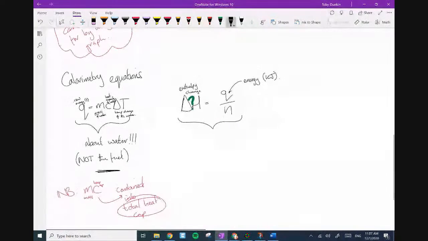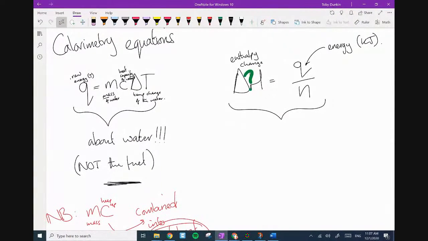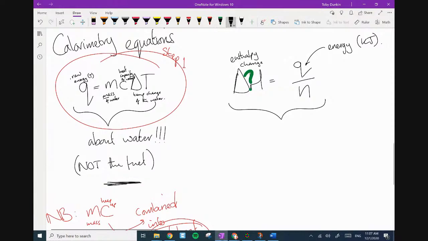What that means is that there's a step between these two equations. This here is step 1.